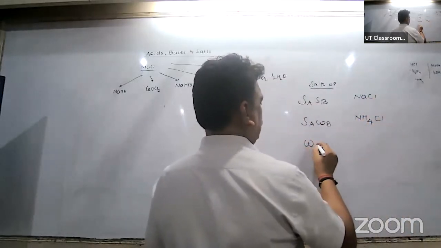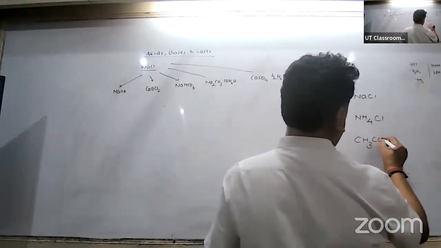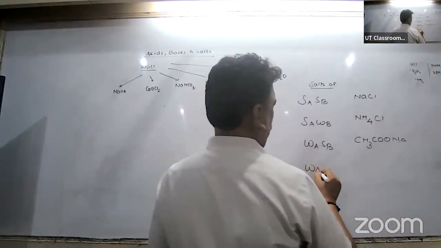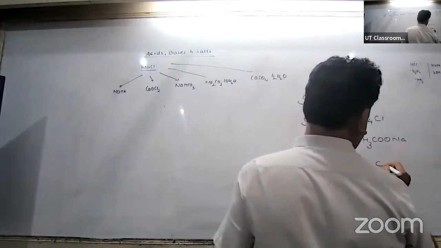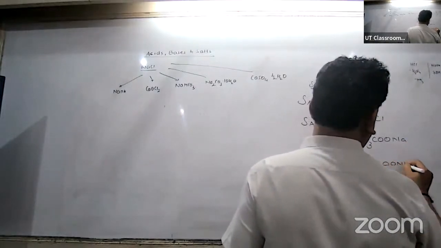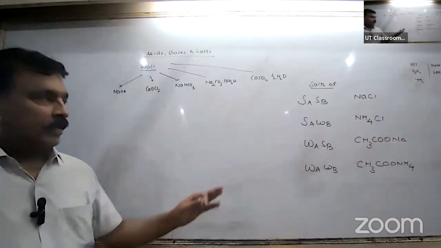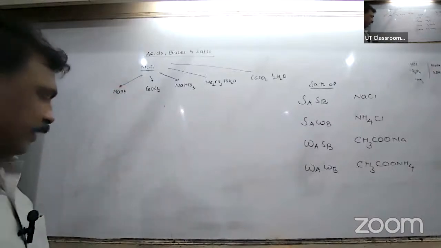Salt of weak acid, strong base. Salt of weak acid, weak base. Okay, you remember this. Okay, now let us come to NaCl.